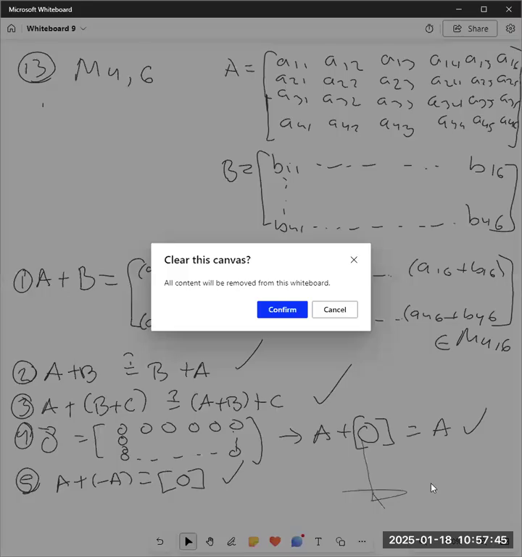Just going to clear everything. Then I need to test number 6: C times A is in V. Multiplying by a constant doesn't make it not a 4x6 matrix, so that's true, and you can show that generically.